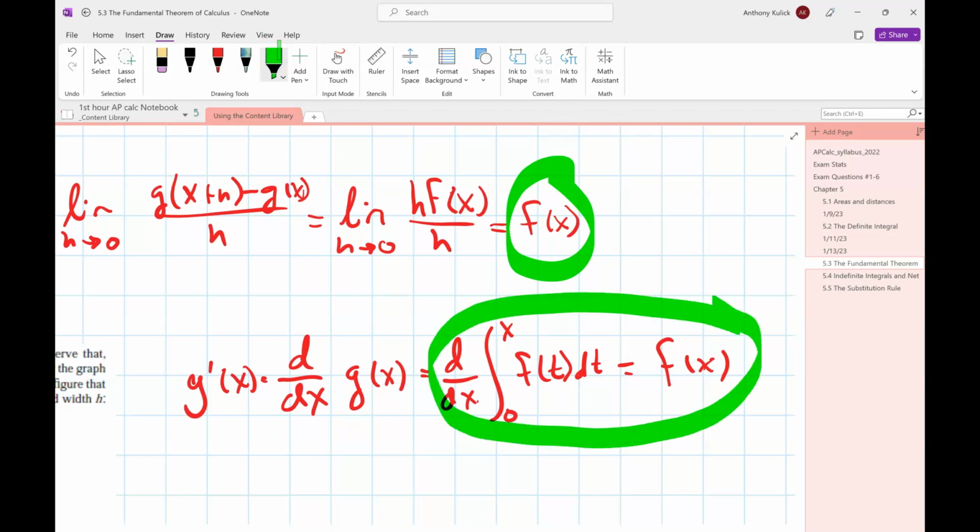What just happened here? What just happened there? The derivative canceled out the integral.